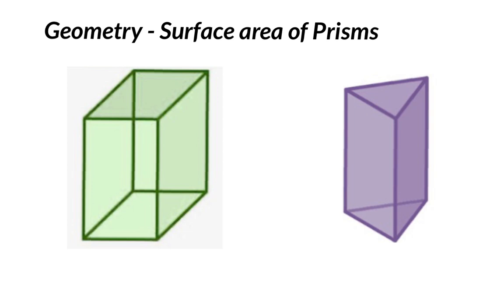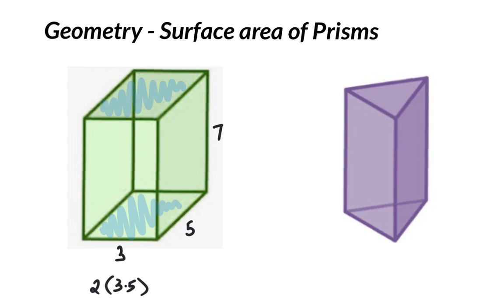So if I said something like, it's 3, and this is 5, and the height is 7, I would think, okay, I've got the top and bottom here, that are rectangles that are apparently 3 by 5. So I would say, well, I've got 3 times 5, but I've got 2 of those.